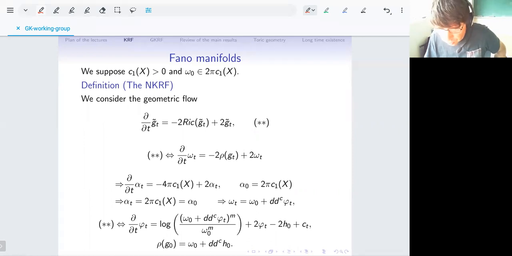It's a smooth function such that the initial Ricci form minus the initial Kähler metric is dd^c of this h0. This object exists just because these are two forms in the same cohomology class. By Hodge theory, it exists. You have to take a trace here and solve a Laplace equation to find such h0. We find it once and for all, and then you can rewrite the whole flow as a scalar PDE.